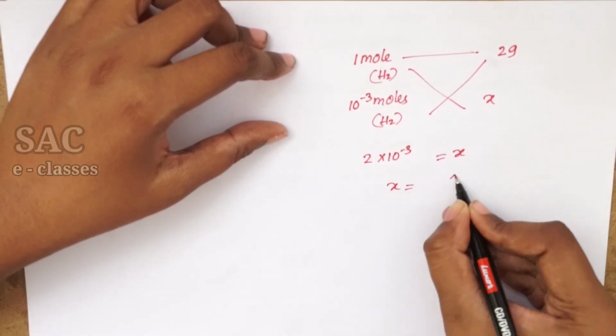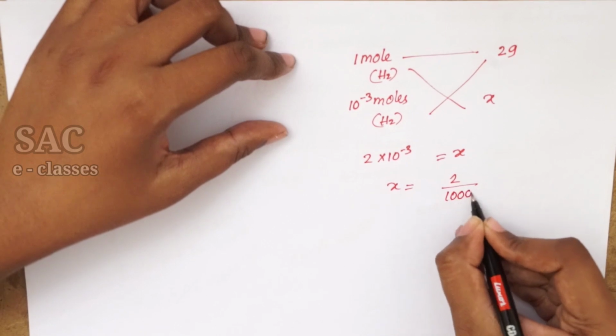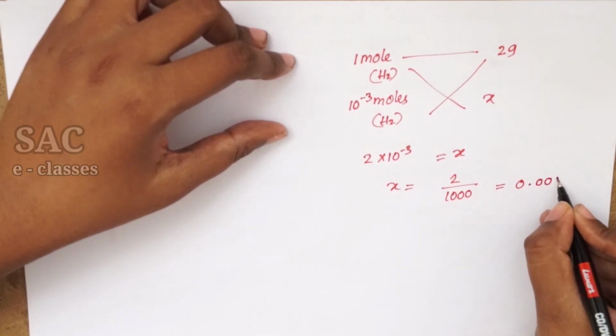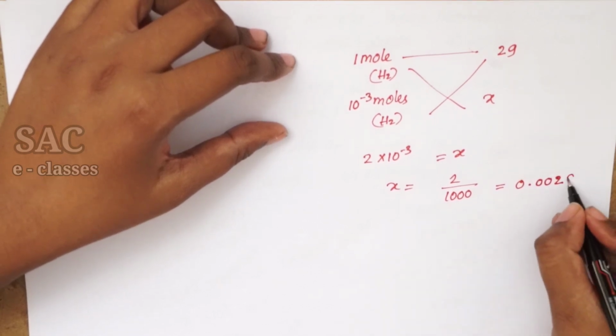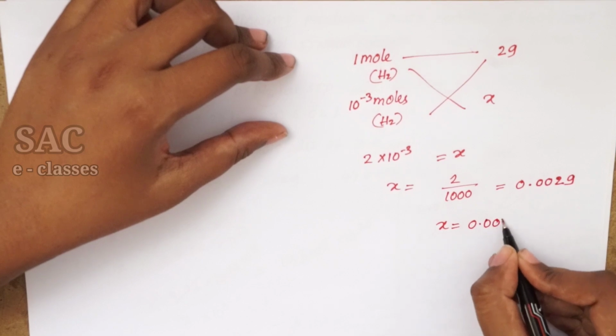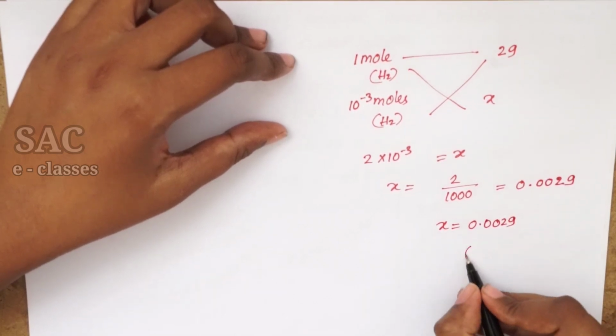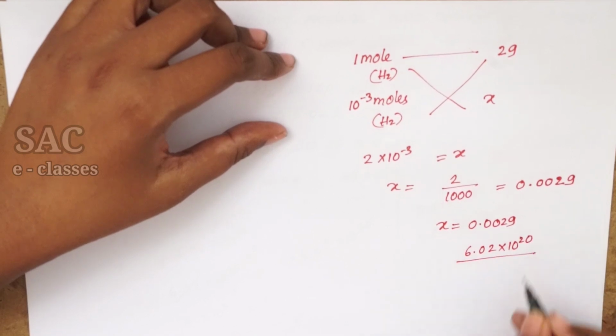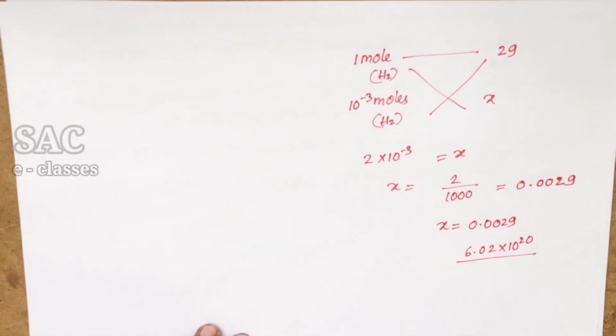Then x equals 2 by 1000, which is 0.002 grams, the mass of hydrogen having 6.02 into 10 to the power of 20 molecules.